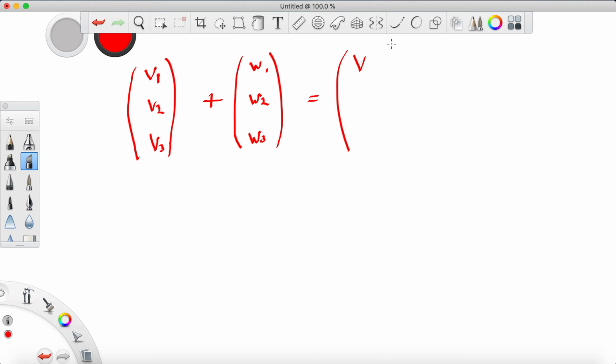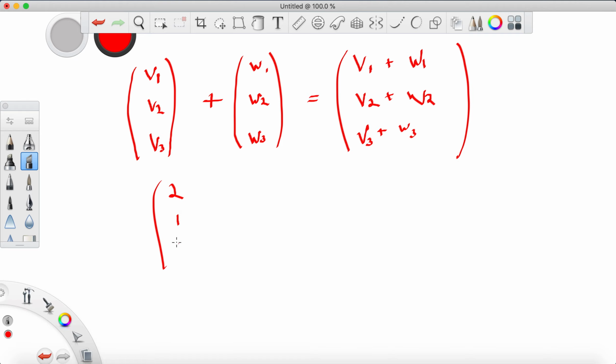So the new vector is going to consist of v1 plus w1, and v2 plus w2, and v3 and w3. So explicitly, let's go through an example.